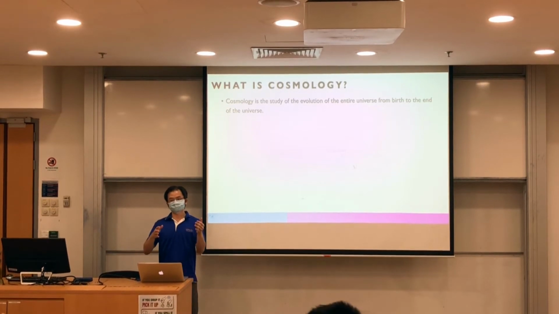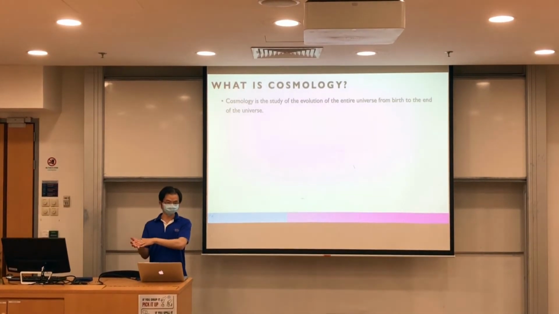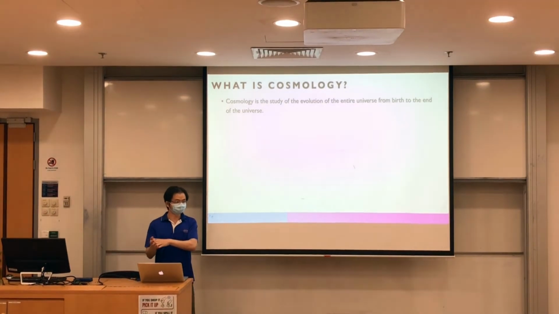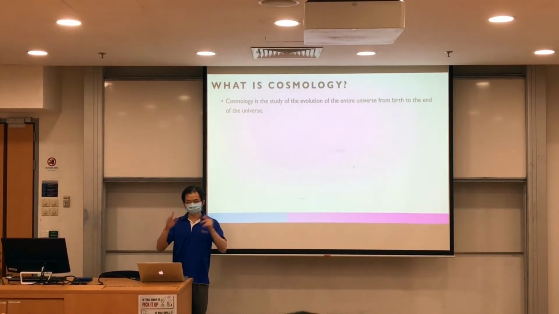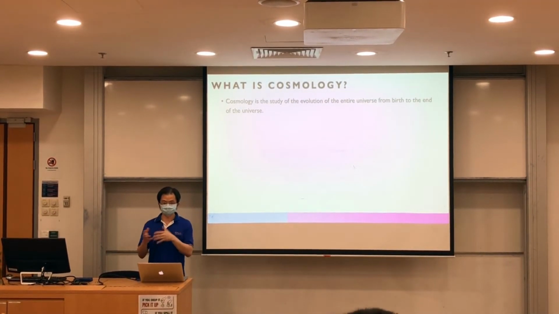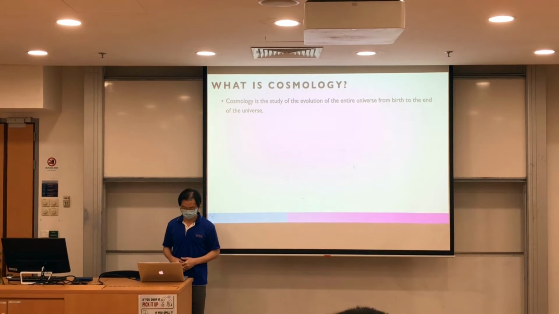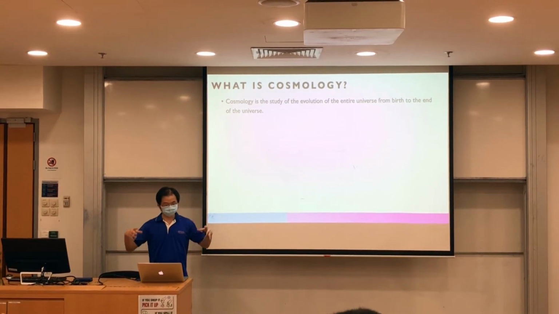The end may or may not be a death. If the universe dies, we want to know how it dies. Does it die in a cold way or does it die in a hot way? So that's the idea of cosmology, the entire universe itself.